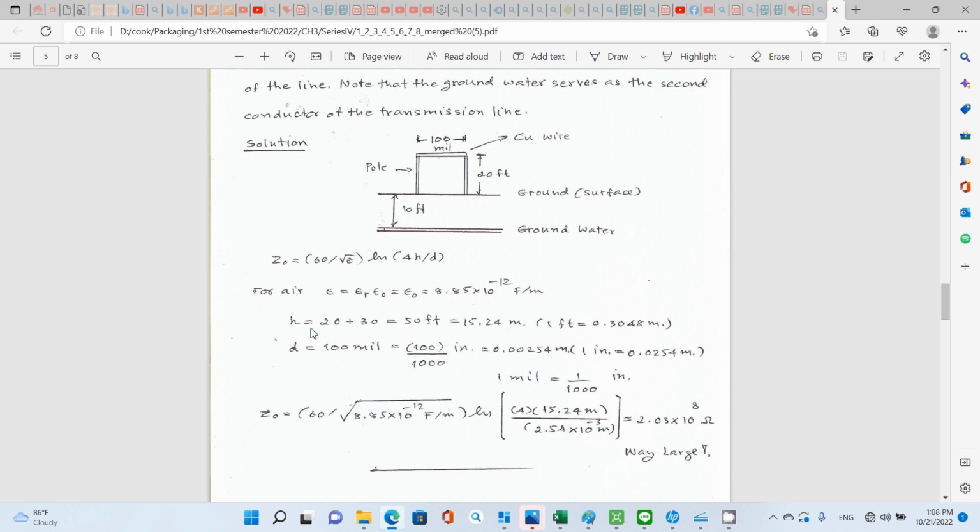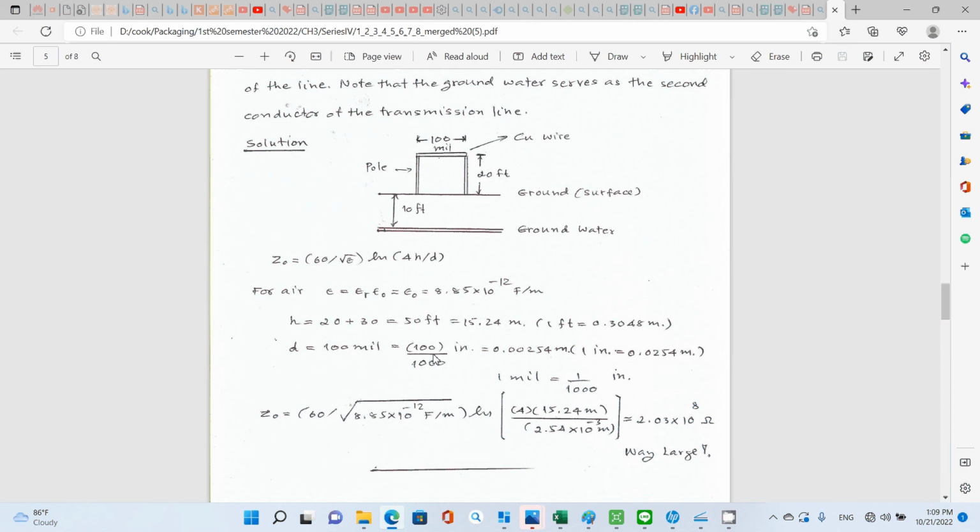And your h simply becomes 20 plus... I think I did this one wrong, sorry. It's supposed to be 20 plus 10. So that gives you 30, right? Anyway, you can correct this yourself. And 1 foot equals 0.3048 meter. And d is 100 mil.